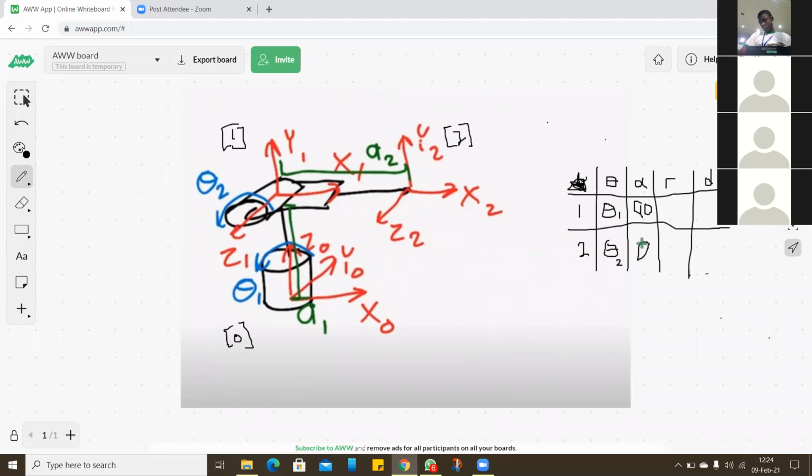Good to go. Okay. Now, we want to get what's the name? R. What we need to understand is that R and D are not the same thing. You will see that when we start the kinematics. What is R?